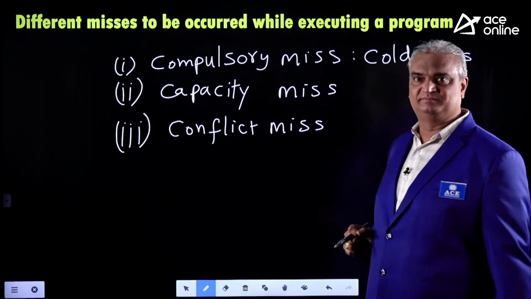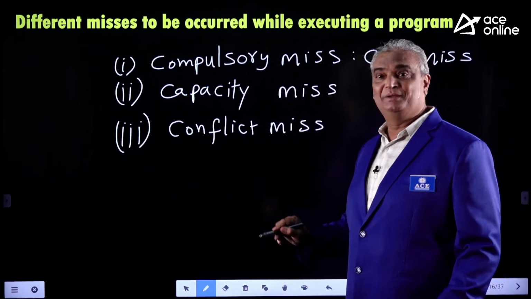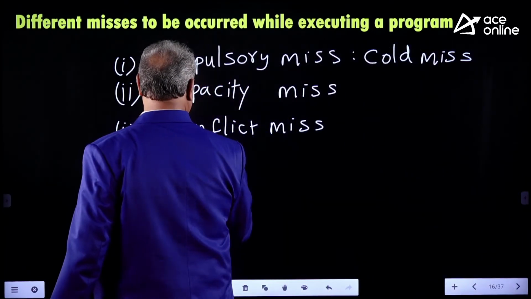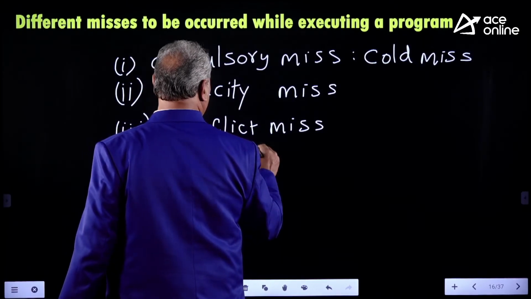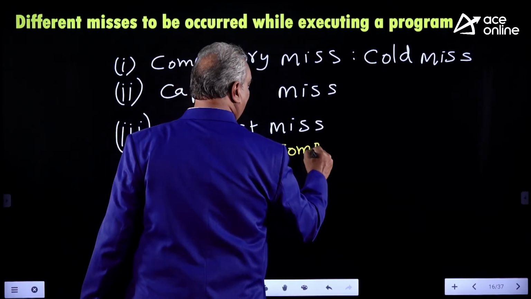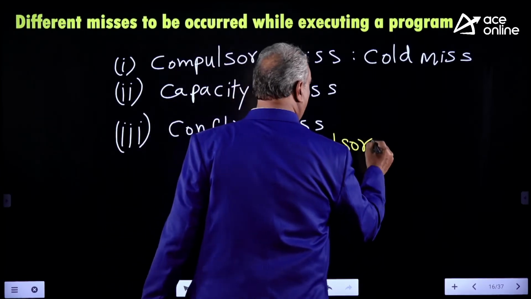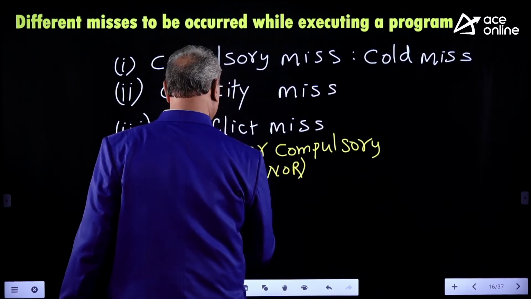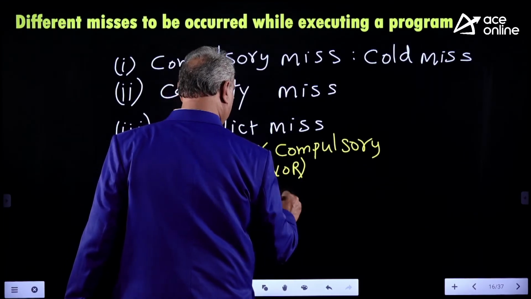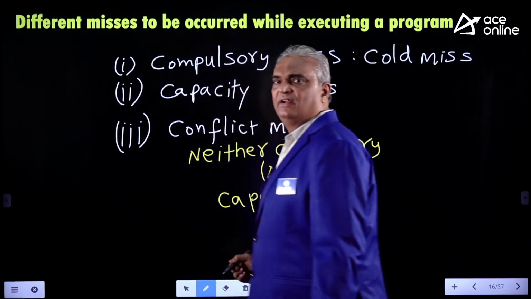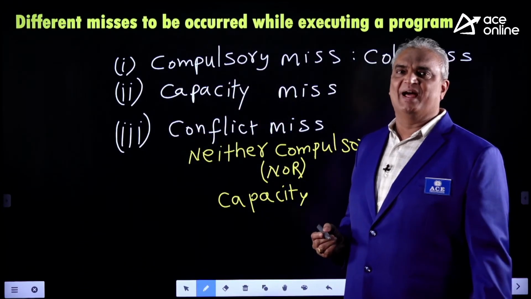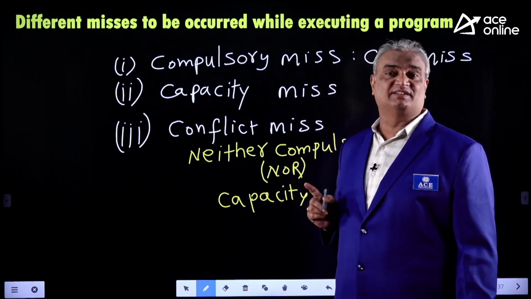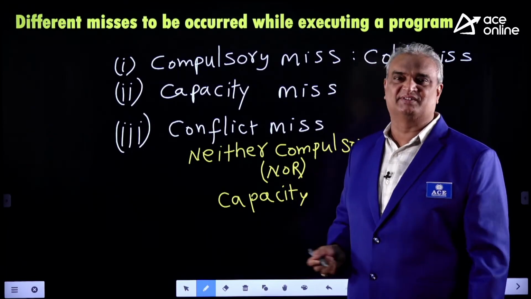What is a conflict miss? It is neither compulsory nor capacity. When the target block is not found in cache memory and the processor references it for the first time, it is compulsory.